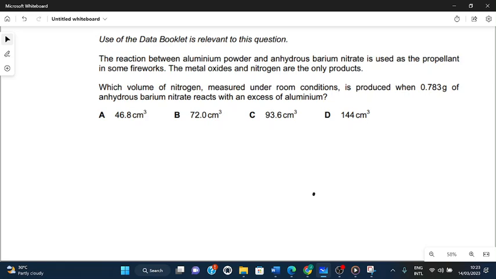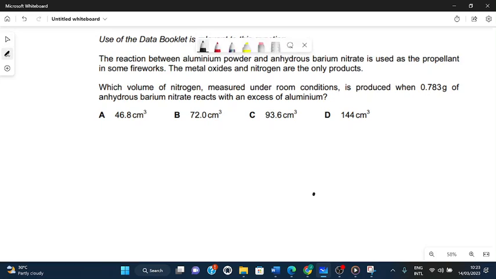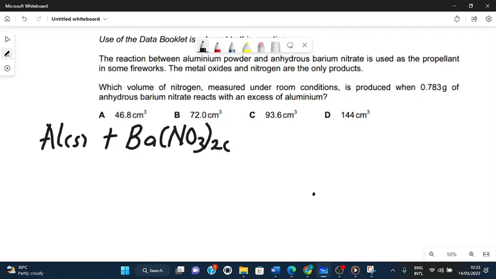So the first thing we're going to do is write down the equation. It says aluminum powder, so solid aluminum powder plus barium nitrate. We should write the proper formula. It's used as the propellant of fireworks.